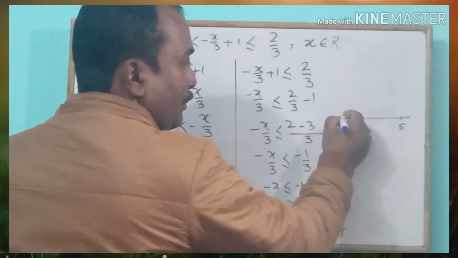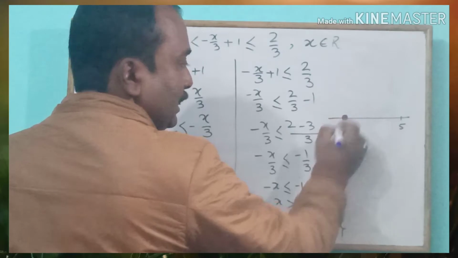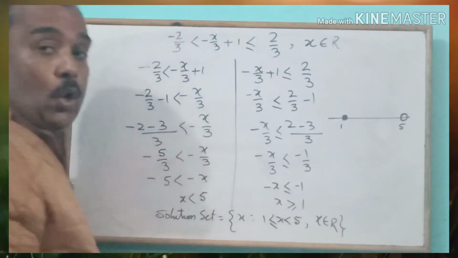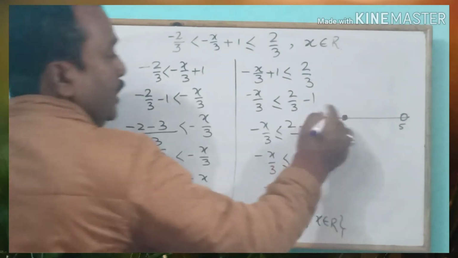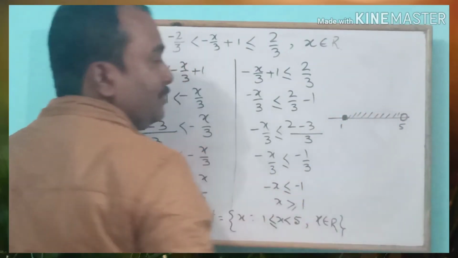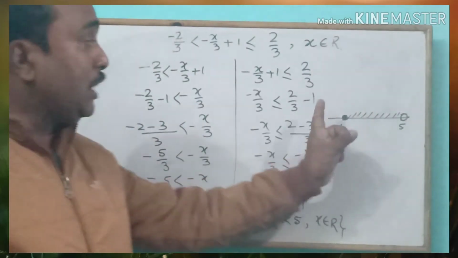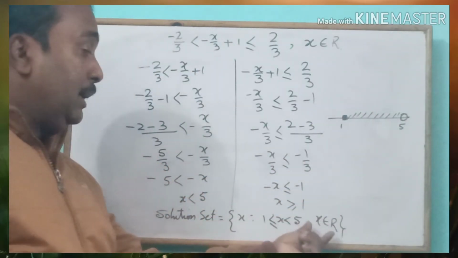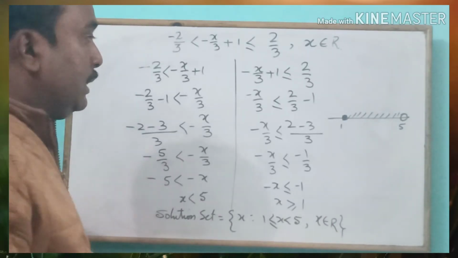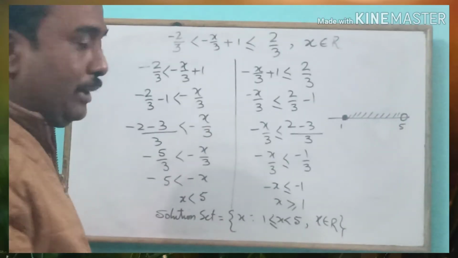In that case, we mark 1 and darken it, which shows it is included, and at 5 we make a hollow circle or an empty circle, and in between we shade it. We shade the whole thing because the replacement set was the set of real numbers. Therefore, the solution set will also have real numbers.